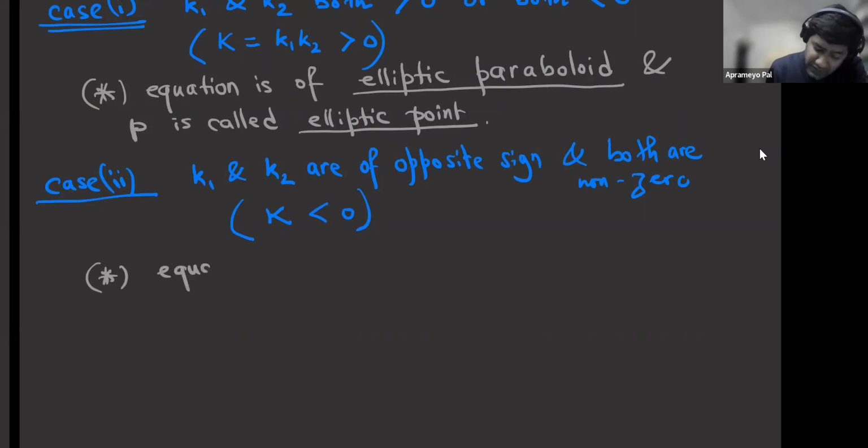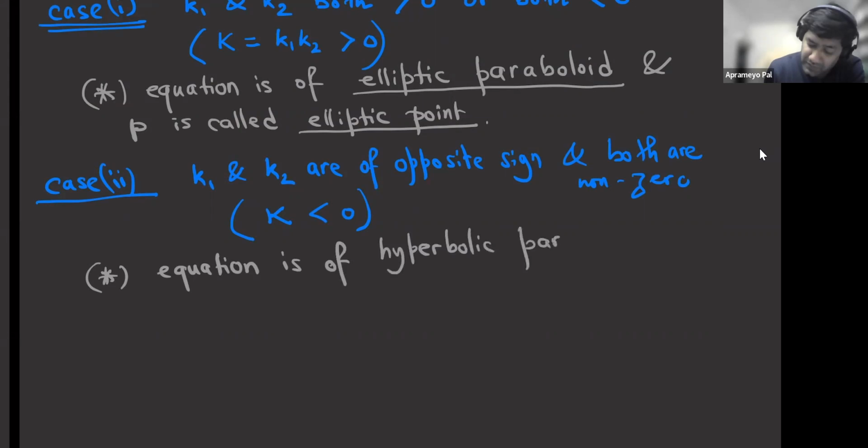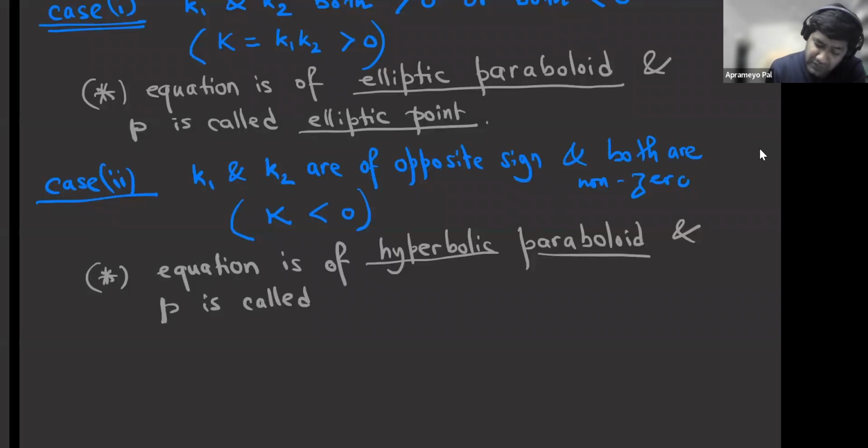This star equation is the equation of a surface called a hyperbolic paraboloid, and P is called a hyperbolic point of the surface.